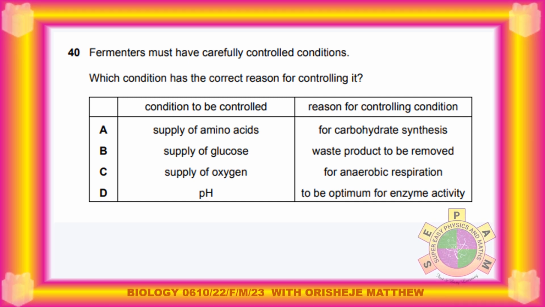For fermentation to take place, maybe industrial fermentation, what we need to do is to control the pH value of the fermentation in order to have optimal activity of the enzyme, so that we can have optimal production of alcohol from the fermentation process. So the correct answer is D.